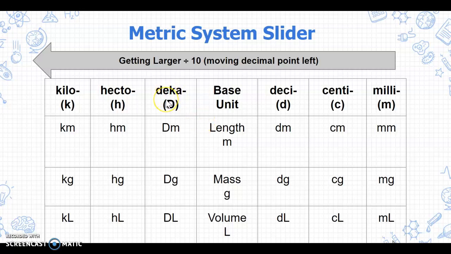We talked a little bit earlier that everything is in units of 10. So if I go from my base unit to larger units, I'm going to be dividing by 10. And if I go to smaller units, I'm going to be multiplying by 10. It makes sense that there would be more of something that's smaller and less of something that's bigger. And we'll talk about how to use this scale in a moment.